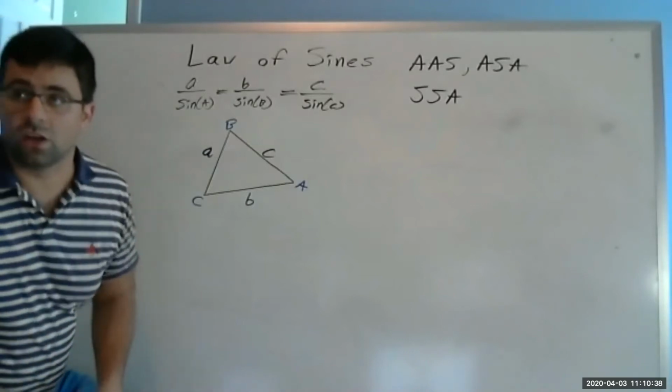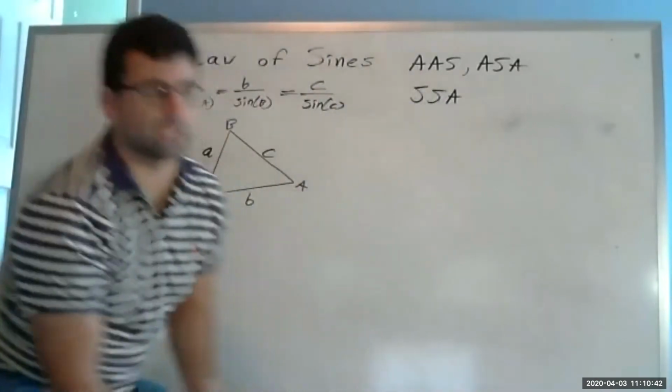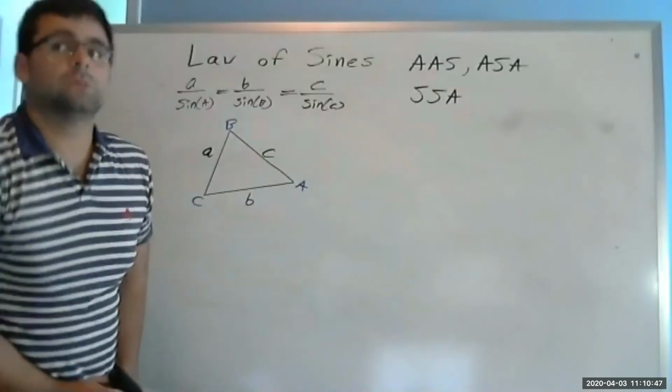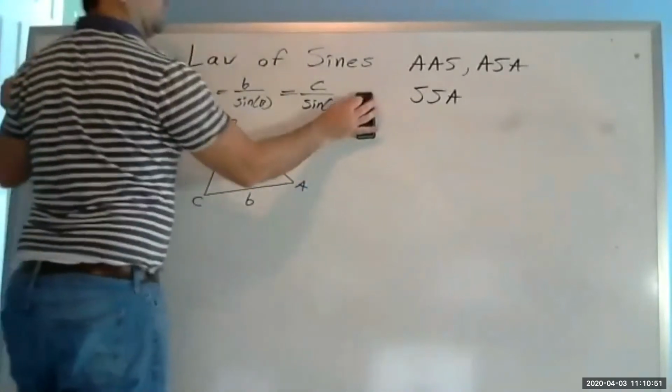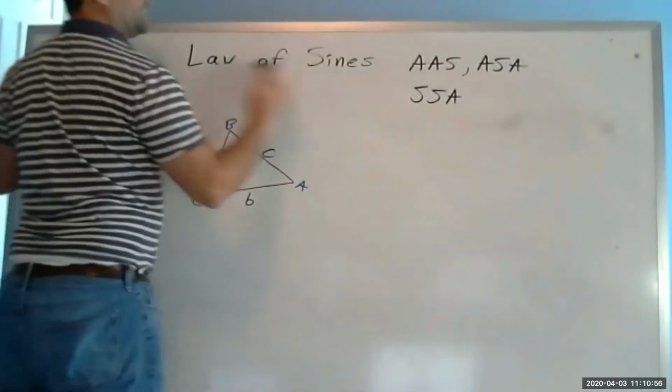Well, if there is a law of sines, then there's probably a what? Law of cosines. Exactly right. That's what we're going to be discussing today.